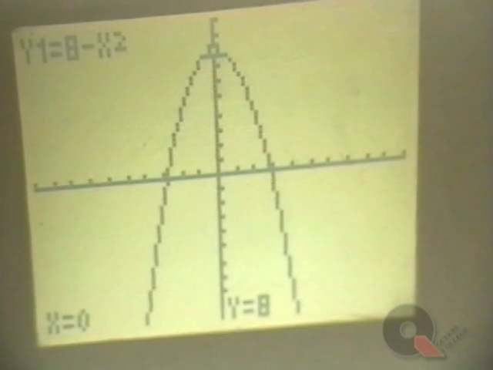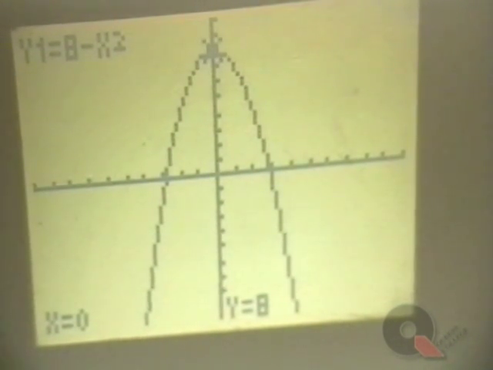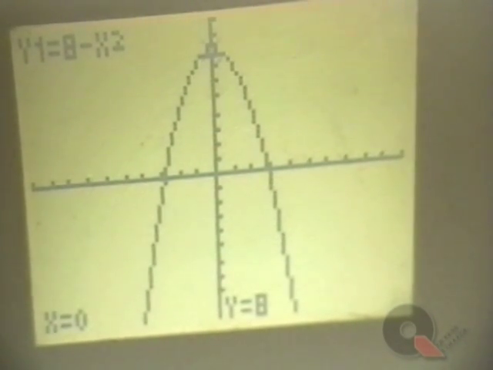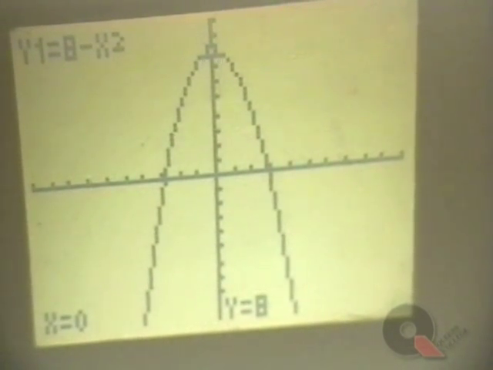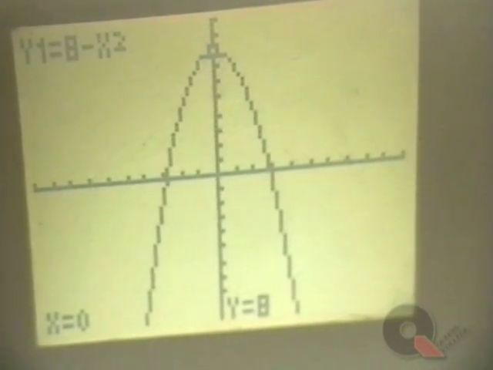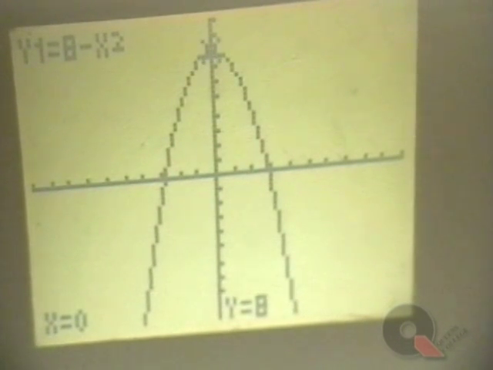It says y1 because you can program in various functions, and then by calling up y1 or y2 or y3, you get the one that you want. You don't have to erase them each time. So the cursor right now is there.